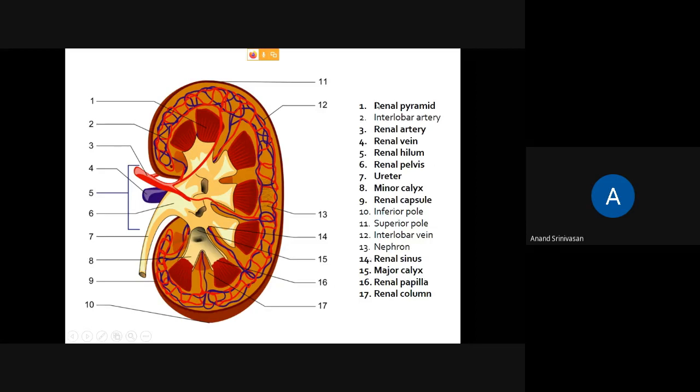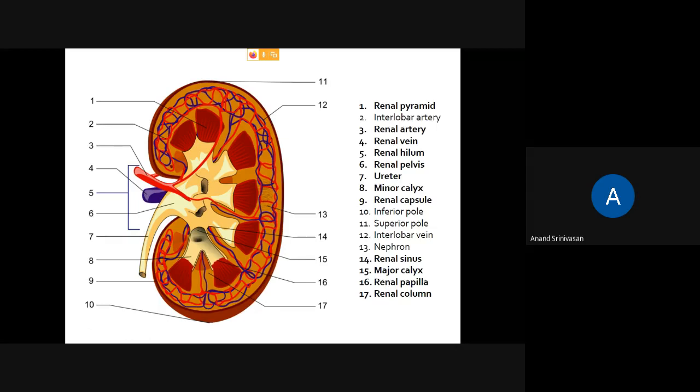It will be nice if you know all of them, but at least the ones which are highlighted here, written in bold letters: the renal pyramid, the renal artery, the renal vein, the renal hilum, the renal pelvis, ureter, renal capsule, minor calyx, major calyx, renal sinus, renal papilla, and renal column. At least these ones you need to remember.